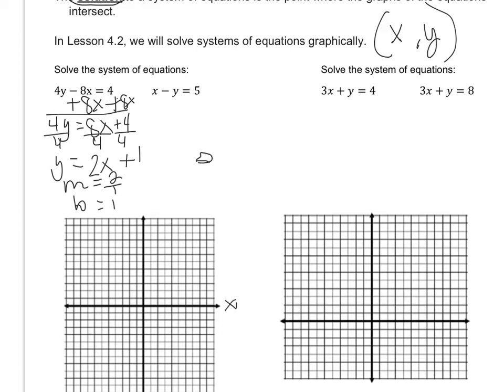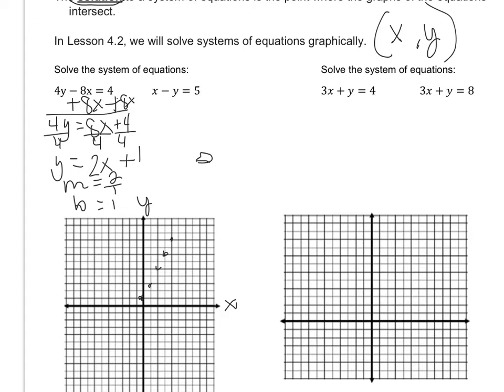Label your x and y axis if they're not labeled already. And then go ahead and graph your line. It's got a y-intercept of 1, so that's right here, and a slope of 2, or 2 over 1. It's a positive slope, so it's got to go uphill, so I'm going to go up 2 over 1, up 2 over 1, up 2 over 1.